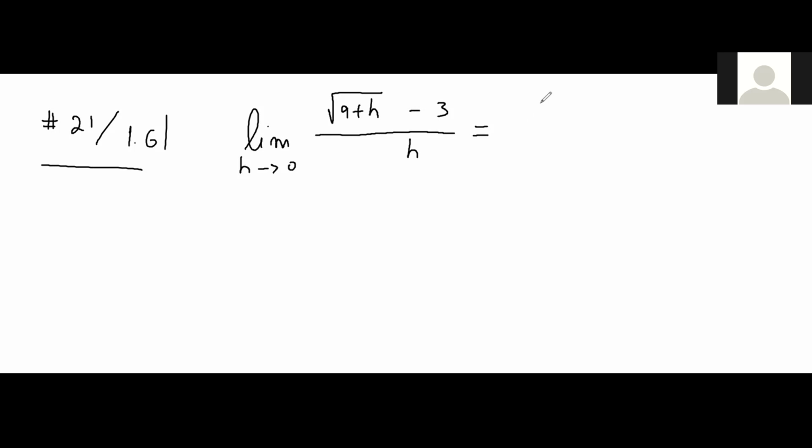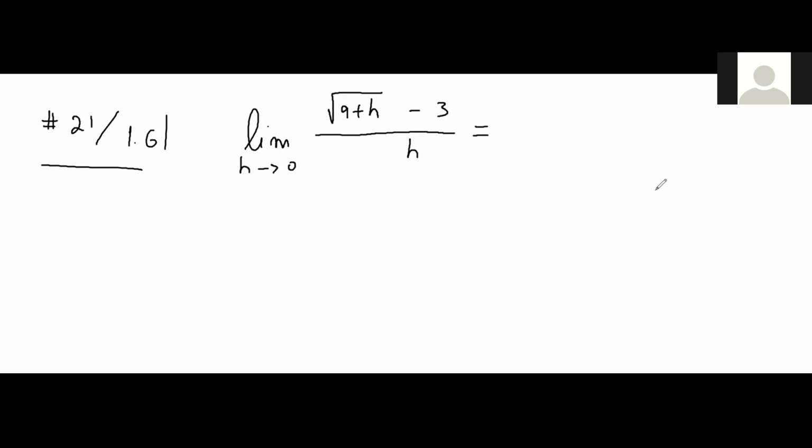Now, again, if you substitute 0, you will not get something very good, because this is going to be a number like square root of 9 minus 3, where there's going to be 0 eventually at the top and 0 at the bottom, which is worse.